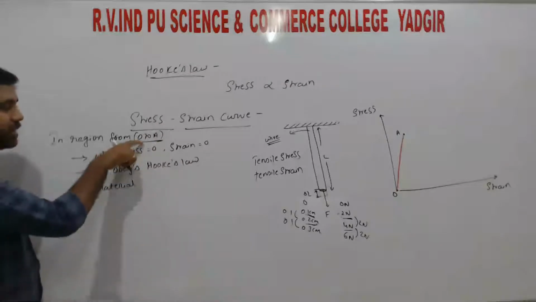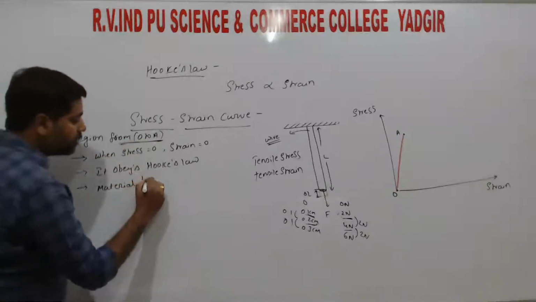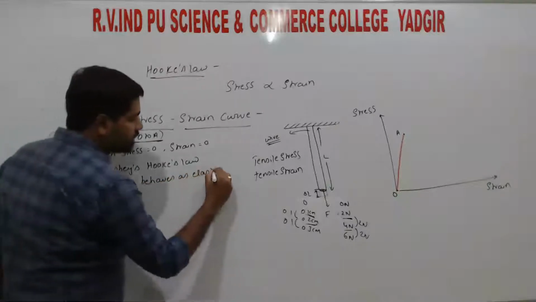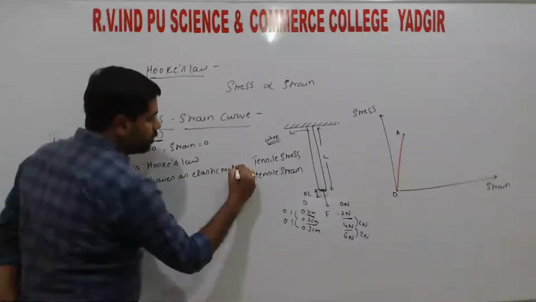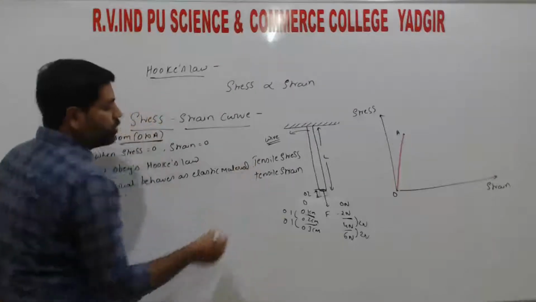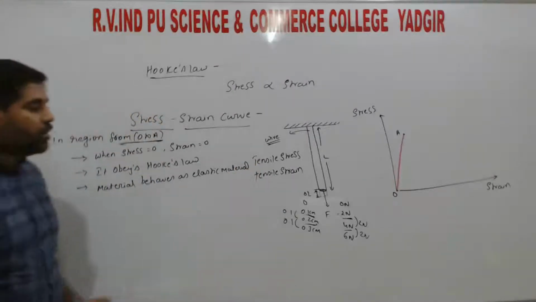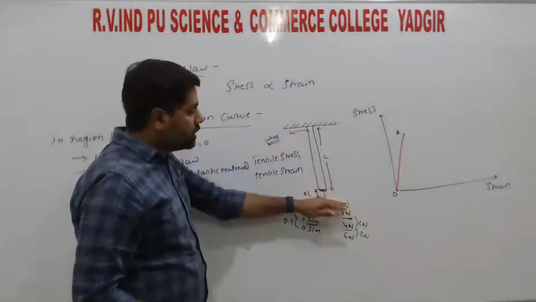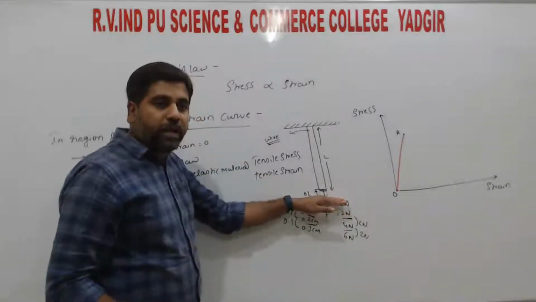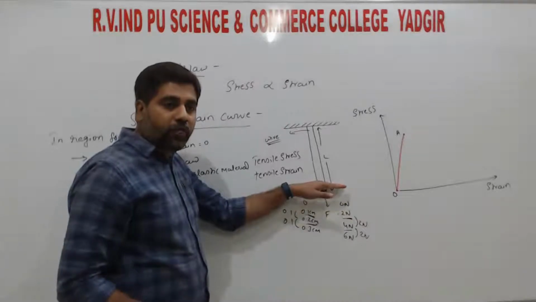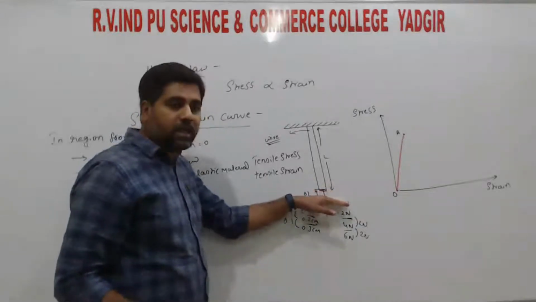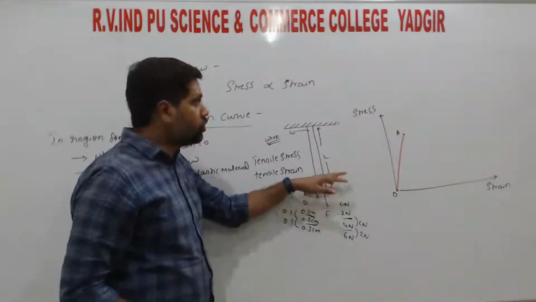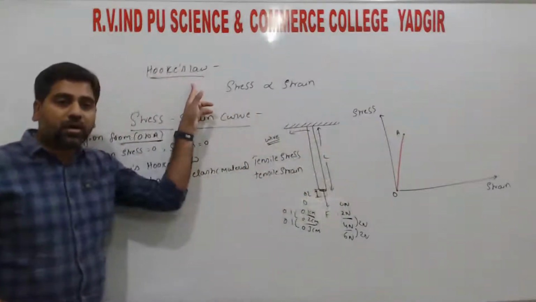So the material in this region behaves as an elastic material, right? So that means when we remove the deforming force, the configuration will regain its original configuration. So here the length that has increased will come back to its original position, right? So that comes under Hooke's law, right?